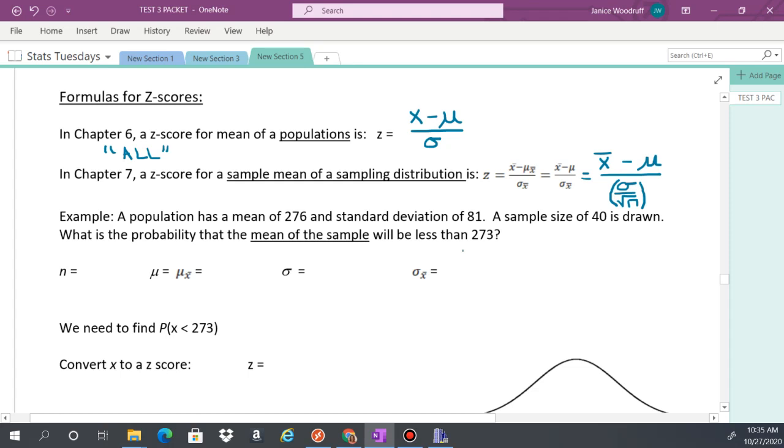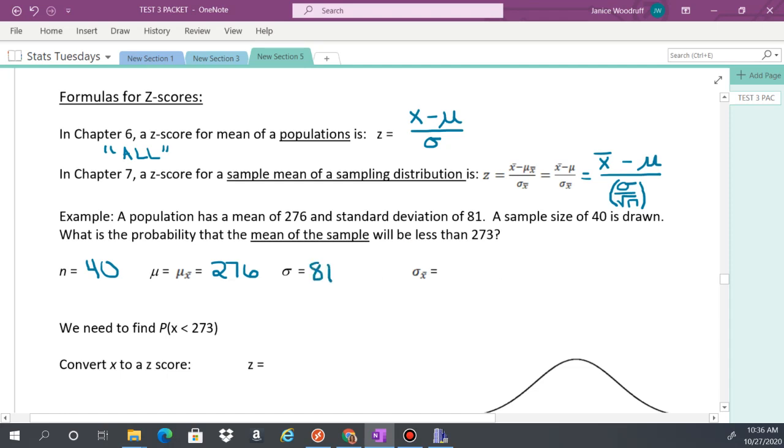We have the sample size is going to be 40, that's your n. You have the mean of the population is equal to the mean of the sample, which is given to us as 276 in the problem. You have the standard deviation of the population, just the standard deviation symbol by itself. That is given as 81.